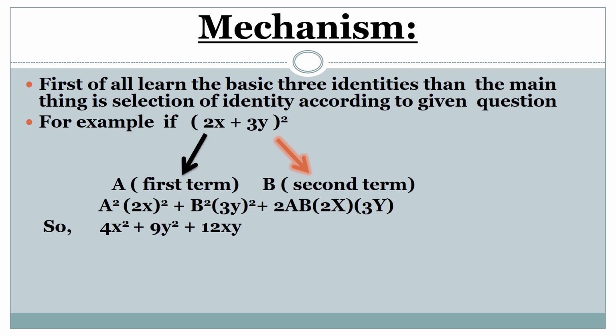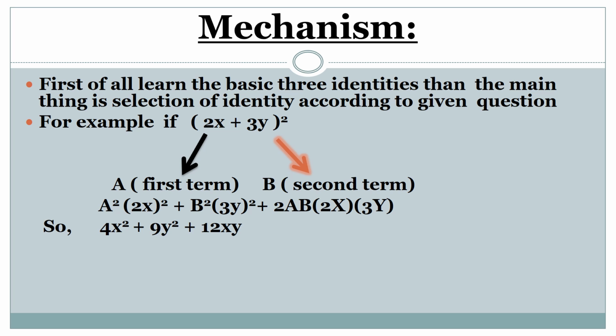Any term written before the plus or minus sign is your a, and any term written after the plus or minus sign will be your b. After that, you can choose your identity. In this question there is a plus sign between two terms, so we use the first identity.